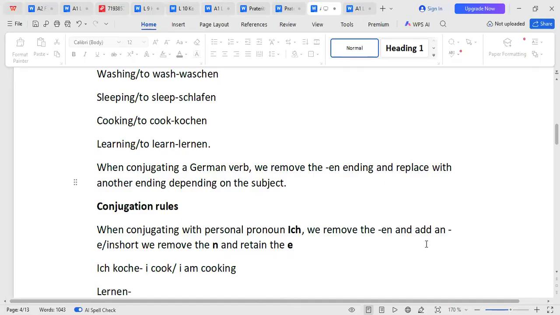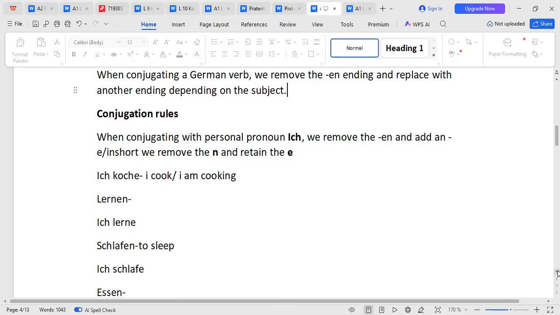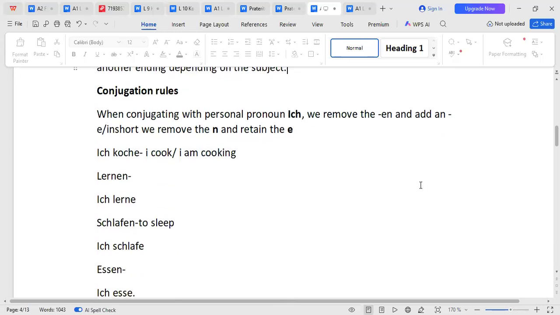The rules of conjugation. So number one rule, students, the first rule: when conjugating with the personal pronoun ich, and ich is I, we remove the en ending and add an e. In short, students, just remove the n and retain the e.